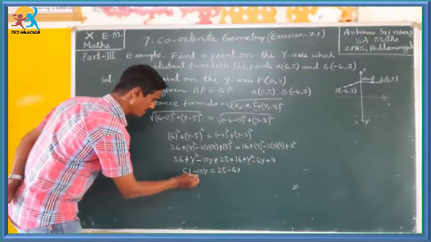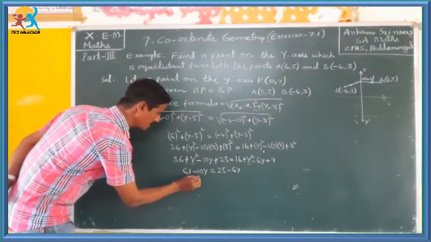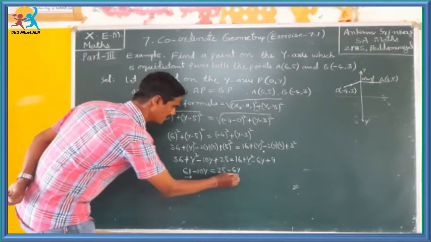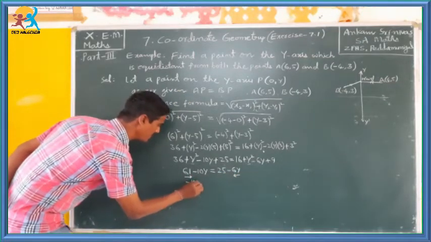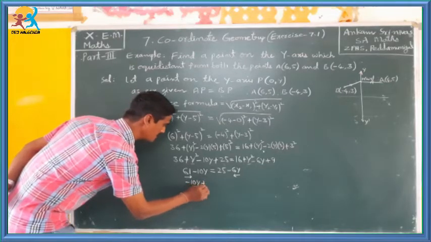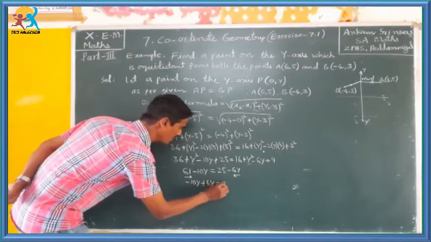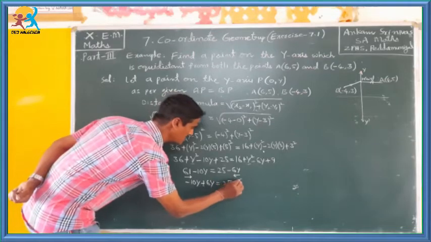Now transfer 61 to the right side and 6y to the left side. Then we get minus 10y plus 6y equals 25 minus 61.